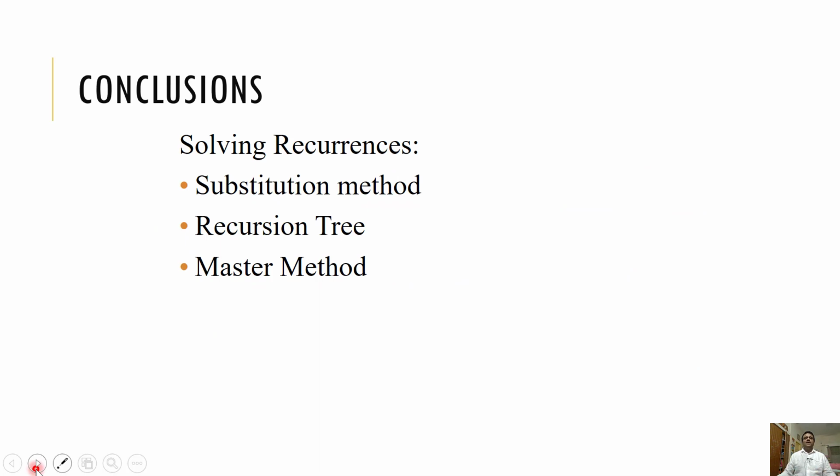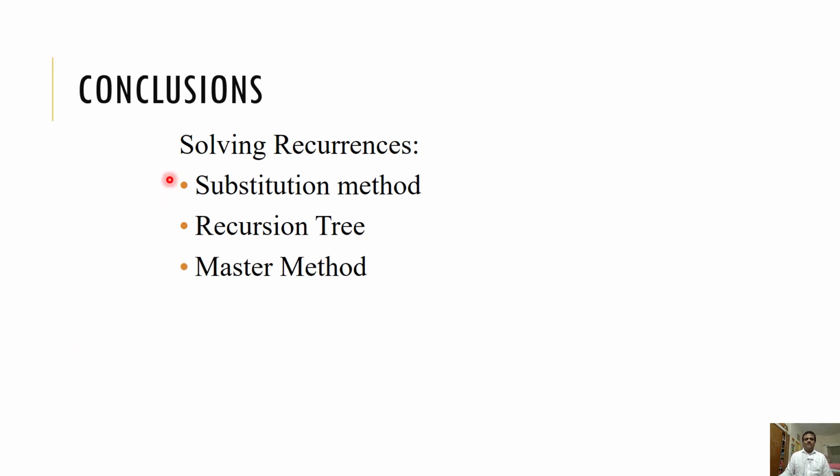In this lecture, we have discussed how we can solve recurrences, which we get for many algorithms, such as merge sort and other divide and conquer algorithms.